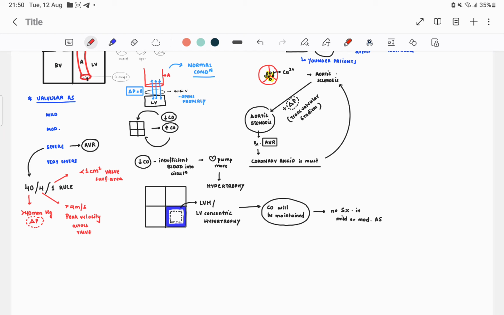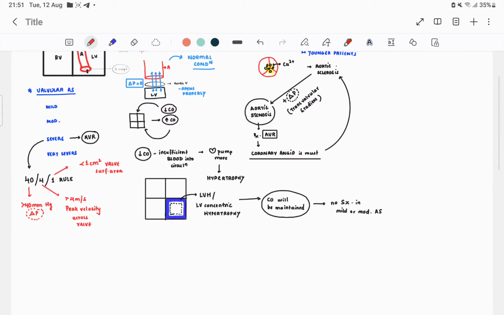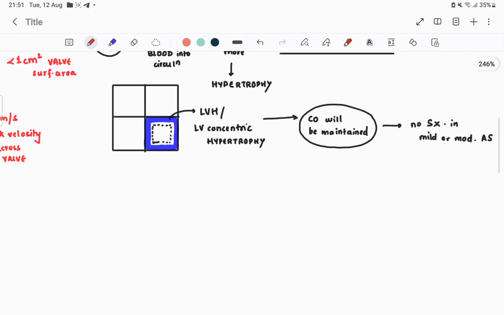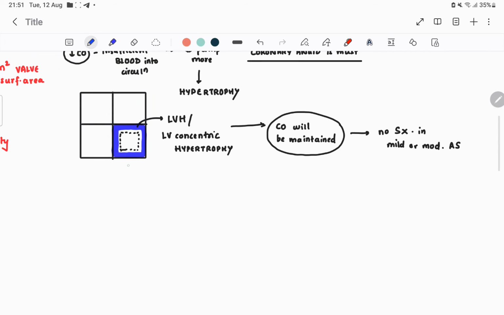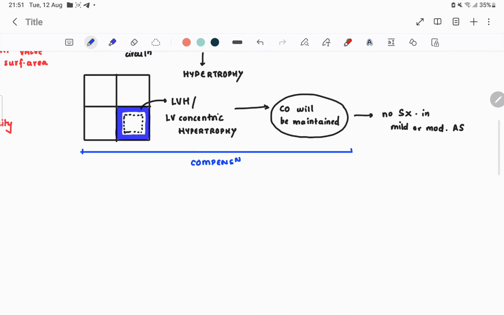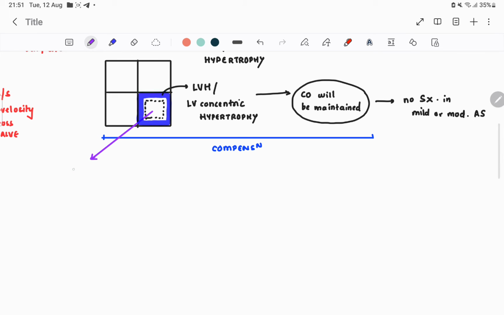And now we'll move to the symptoms, the clinical features of aortic stenosis. The first symptom, let's understand: this was the compensatory mechanism. Due to the significant left concentric hypertrophy, what problems will be there? The muscles are hypertrophied, so there will be more oxygen demand.